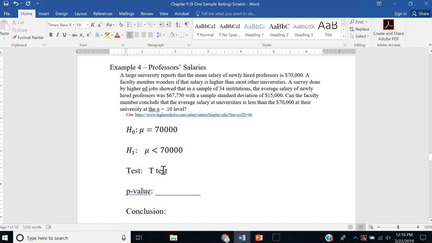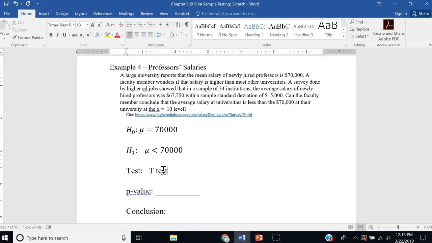So when I go into my calculator and utilize the t-test, we're going to use statistics again. 70,000 is my mu sub 0. My average, 67,750. My standard deviation, 15,000. And my sample size here is the 34 institutions.